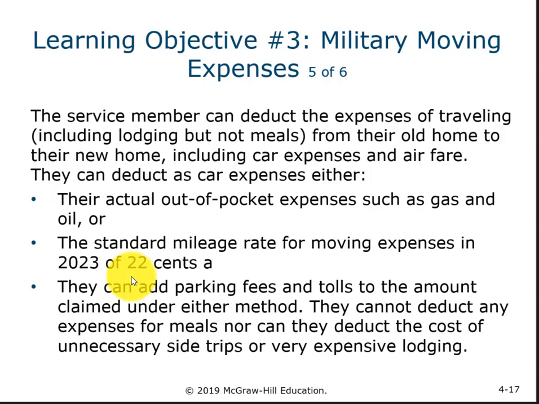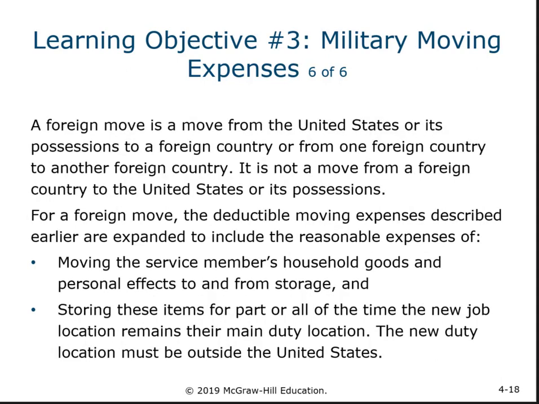Lodging can be deductible, but not very expensive lodging. Then there are also the foreign moves, which may entail a broader array of expenses. So remember that for moving expenses, the rules are kind of similar to what they were for everybody. Now they only apply to the military.